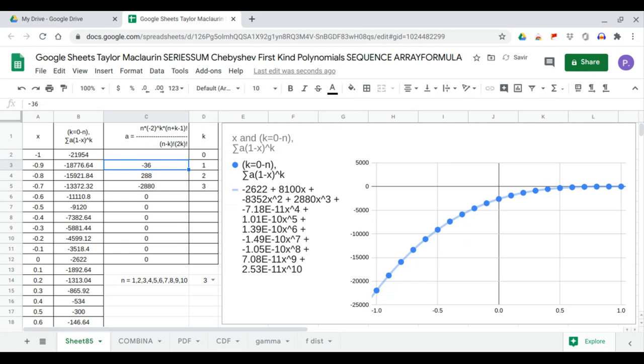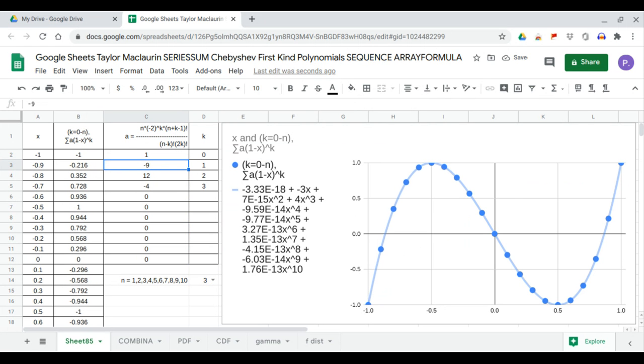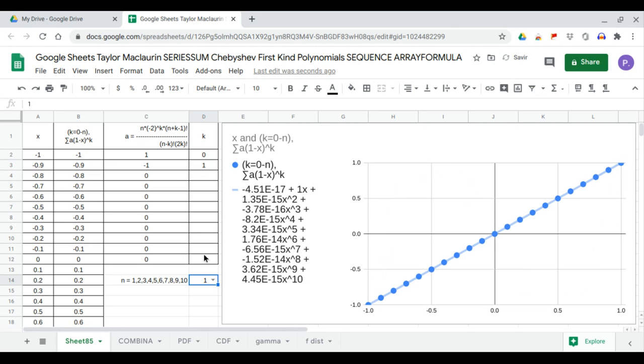So here, on this side we have the series, the Chebyshev first kind polynomials, in the form of trend line equation to the 10th degree, and here's the trend line. So we start from n equals 1.